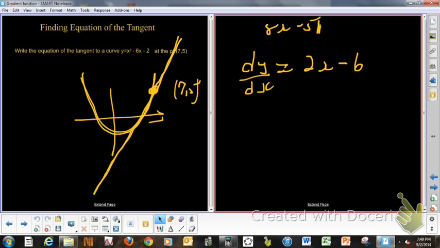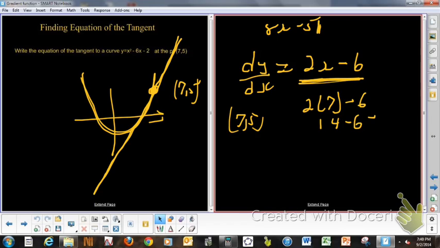Now, remember what this is. This is my gradient function. It tells me what the gradient is at any particular point. Since I've got a point, 7 and 5, if I take that x and stick it in here, 2 times 7 minus 6, which is 14 minus 6, which is 8.